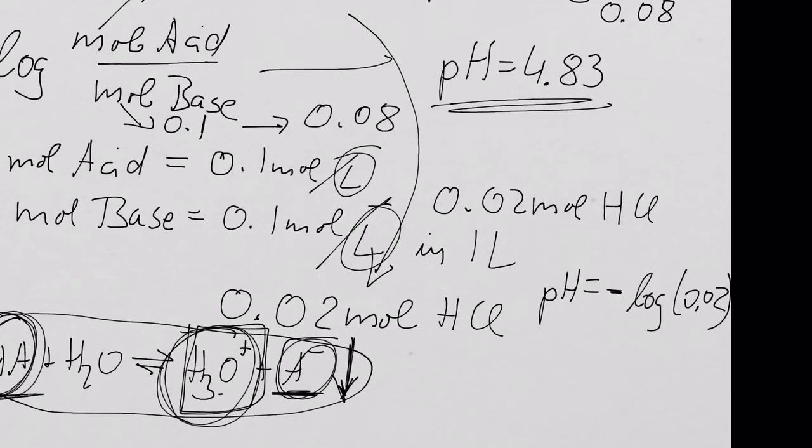1.6. What is it? 1.6. So the pH equals 1.6. 1.7? 1.70, I would say. 1.67.